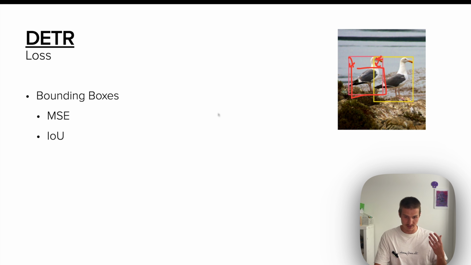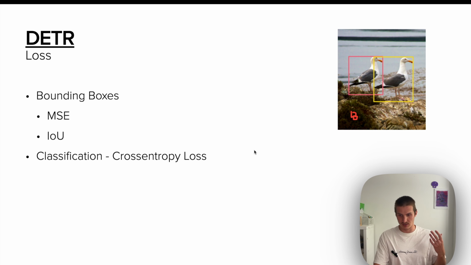The second loss is IOU, intersection over union, which instead of looking at this pixel distance looks at the area of intersection of the predicted bounding box and the ground truth bounding box divided by the union. That seems to work better for really small objects, when the pixel distances are not that great, but it's still important to localize them correctly.